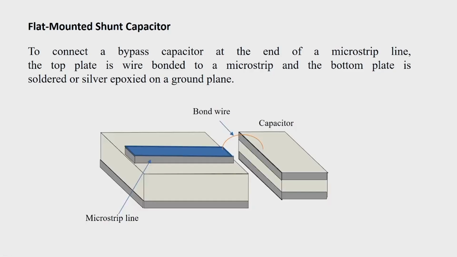Next, to connect a bypass capacitor at the end of a microstrip line, the top plate is wire bonded to a microstrip and the bottom plate is soldered or silver epoxied on the ground plane. So, here we can see that this bottom surface will be either soldered or silver epoxied and the top plate of the capacitor will be connected to the end of the microstrip line.